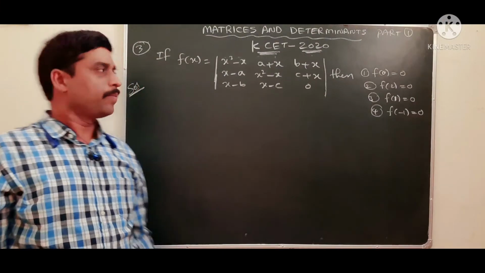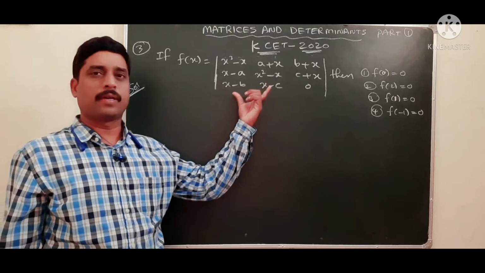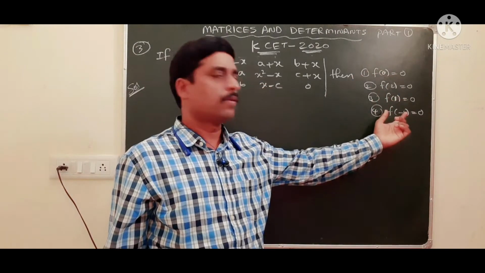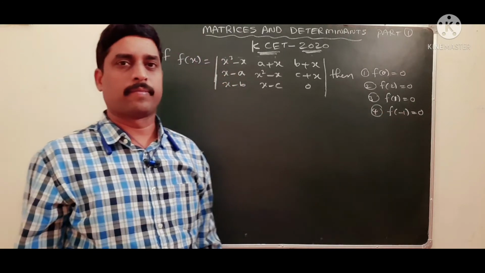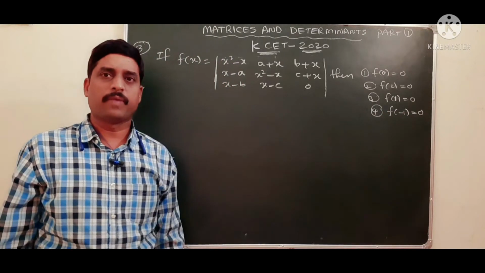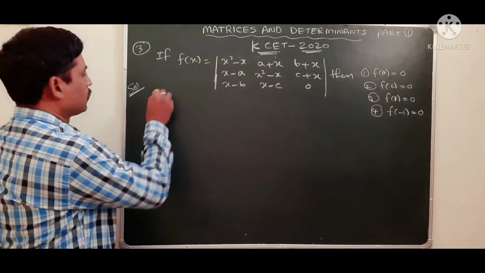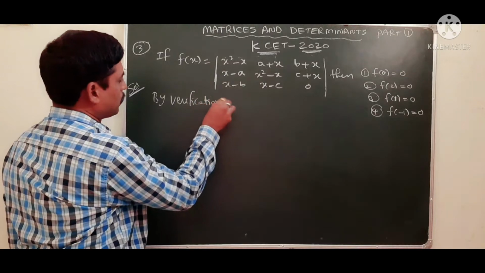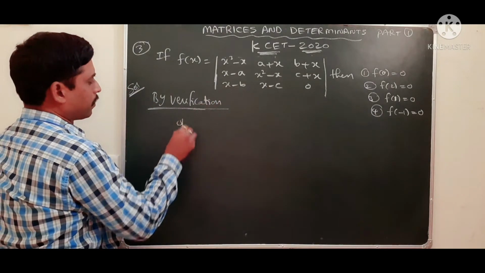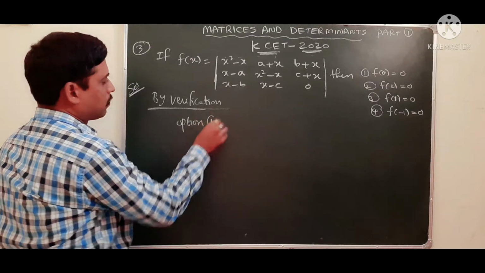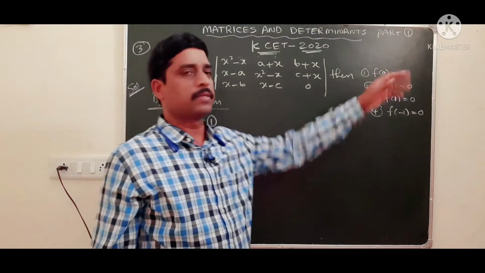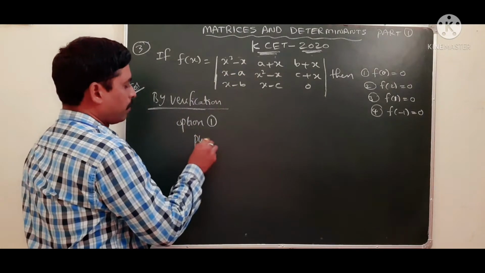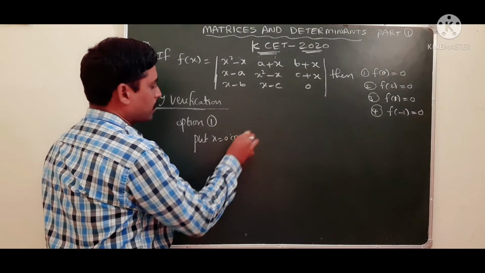Let us go to the next problem. f of x is equal to a determinant of 3 by 3 given. The options are f of 0, f of 2, f of 1, f of minus 1. This kind of problem we solve by the verification method. Take option 1: f of 0 is equal to 0. Put x equal to 0 in f of x.